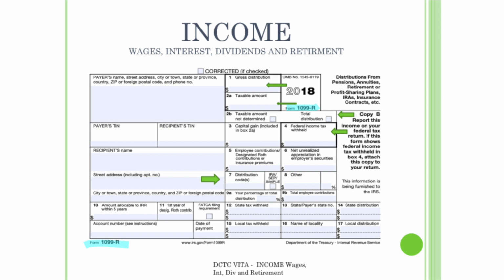If box 2a doesn't contain any data, and if the box taxable amount not determined is checked, we as tax preparers will need to figure out how much of the gross distribution amount from box 1 is taxable to the taxpayer by using the simplified method.